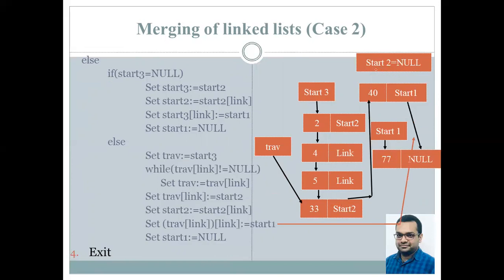Now, as soon as we set the traversal link of link equals to start1, traversal's link takes us to this node, and setting the traversal link of link causes this assignment to take place. That is the assignment of the address of the remaining node in the first linked list. And setting start1 equal to null causes this link to be terminated.